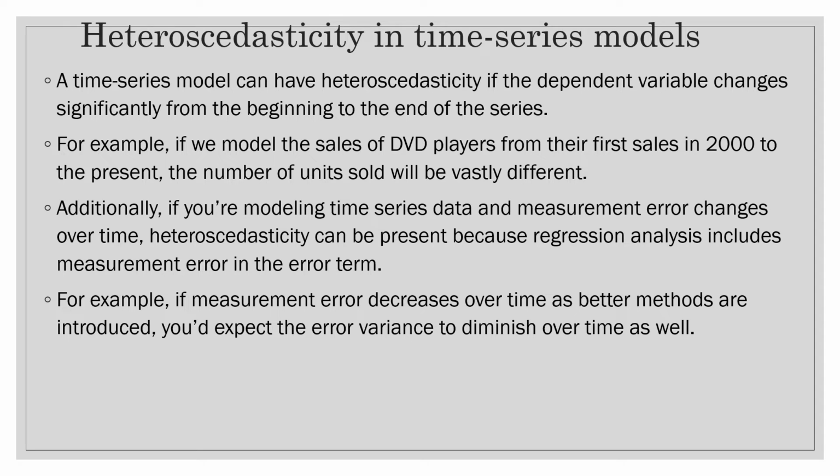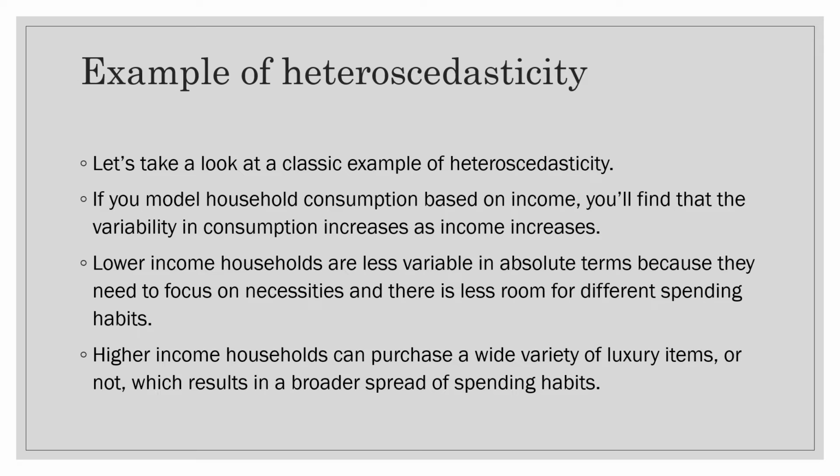Or if you are modeling time series data and measurement error changes over time, you have a problem of heteroscedasticity in your model. For example, if the measurement error decreases over a period of time, then you can expect the error variance to diminish over a period of time. So that's all about heteroscedasticity in time series data and in cross-section data.